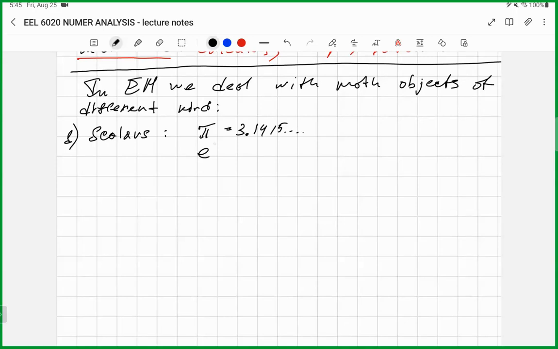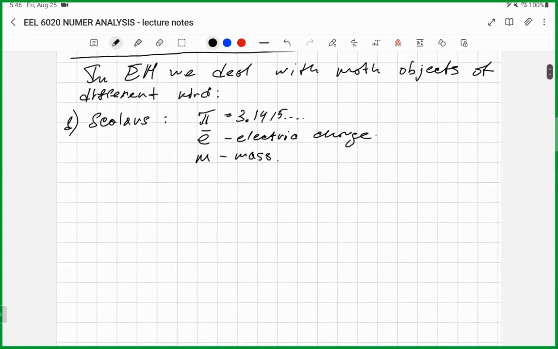Another scalar is electric charge, like the charge of an electron or hole. The mass is also a scalar. And of course the fundamental constants, for example, c, the speed of light. I mean, saying light, of course, we mean electromagnetic field or free space propagation of electromagnetic field.